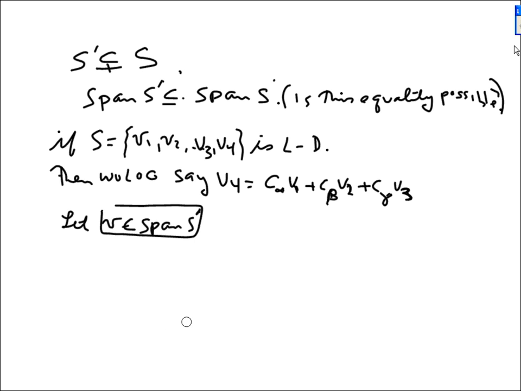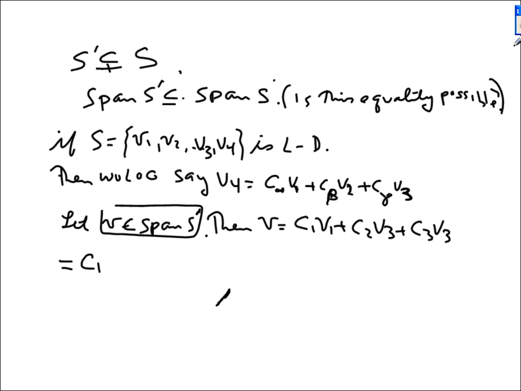We're now going to put in somehow the vector V4. Okay, so V is in the span of S prime. Then V is a linear combination of V1, V2, and V3, which is nothing more than C1 V1 plus C2 V2 plus C3 V3. You have to be clever.